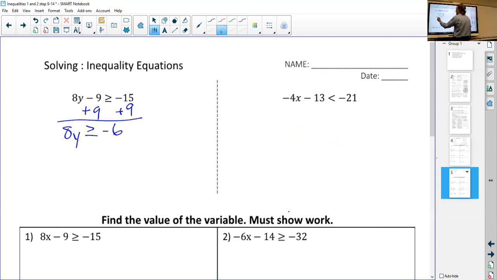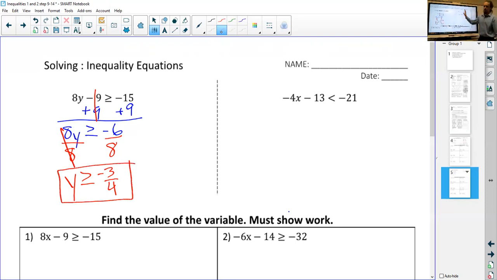And we're going to divide both sides by 8. So y is greater than or equal to negative 6/8, which simplifies to negative 3/4, or -0.75, and that is our answer.